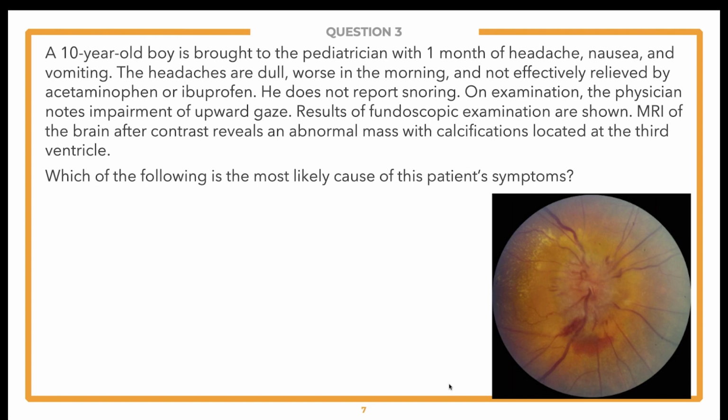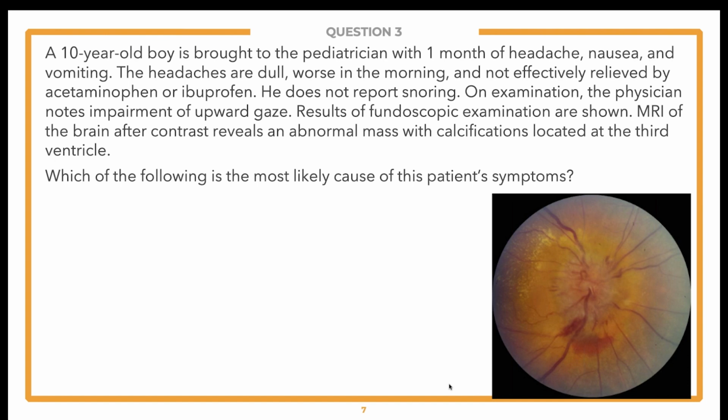Every blue moon, you'll get a lead-in that is obvious enough that you could answer the question without even reading the vignette. USMLE has cracked down on those. You don't see those types of items much anymore. But again, we definitely see the value in starting with the lead-in and then going back and reading the vignette.